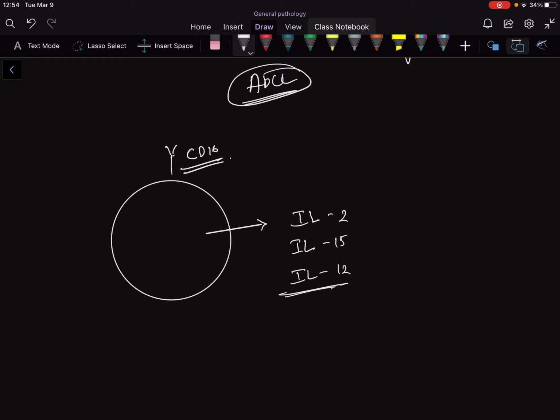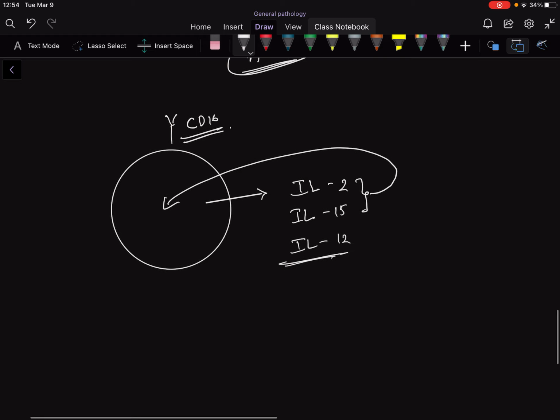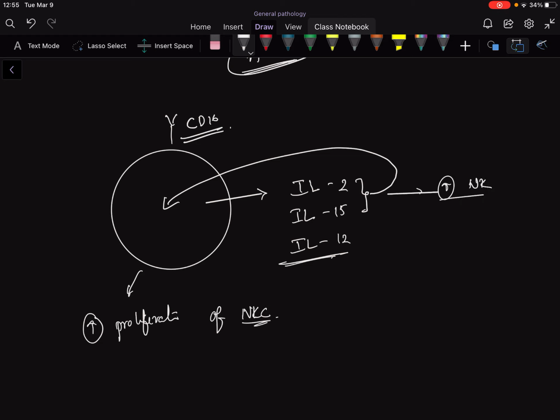What is the function of interleukin 2 and 15? Interleukin 2 and 15 will act upon natural killer cells and increase the proliferation of NK cells. So interleukin 2 and 15 increase natural killer cell proliferation.